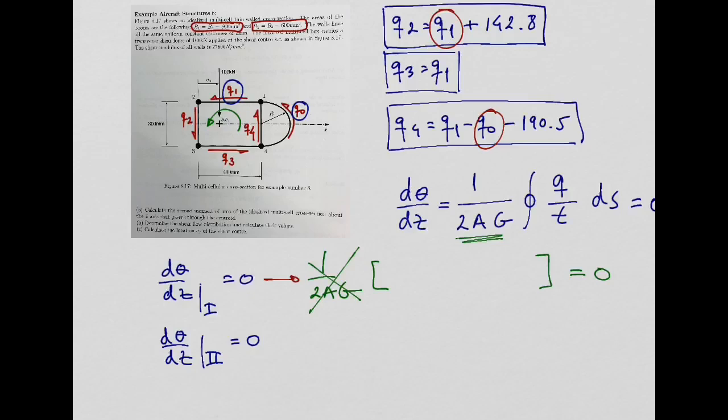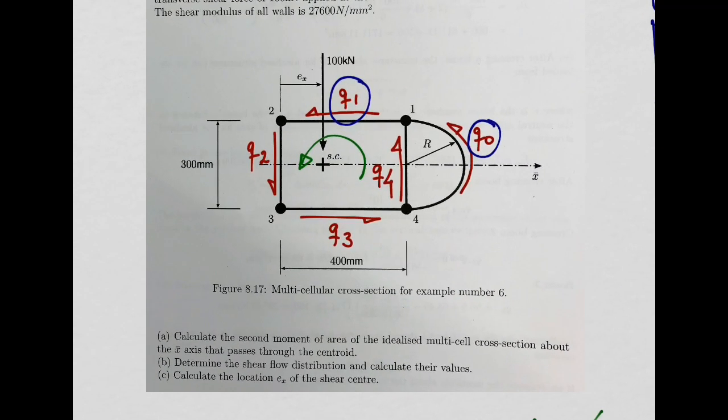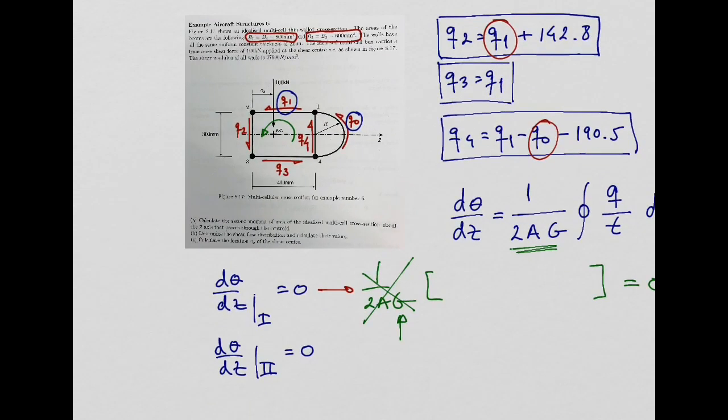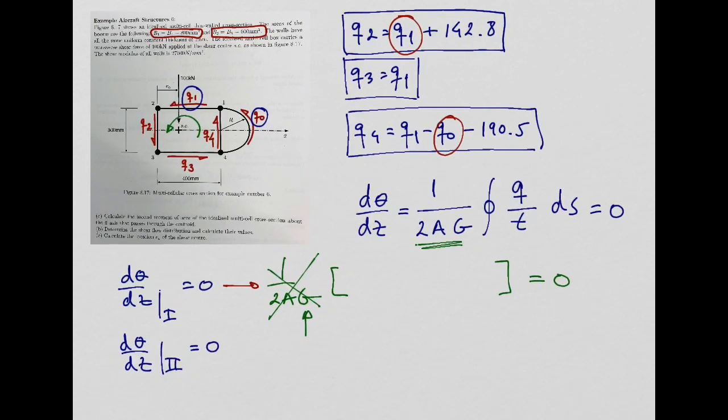Well, I can only do this because this modulus of rigidity is the same for these 4 walls in cell number 1, and also because the area of the cell, of course, is the same for that cell. That is quite obvious, right?